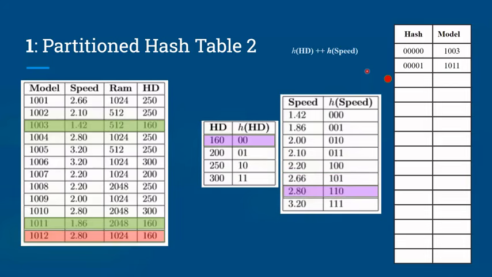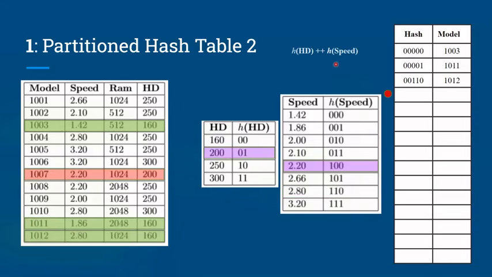No, but at some point we reach one that we have already in our SQL table, and it is 2.8. So we calculate the hash for this one, 00110, 00 for the hash of the HD, and 110 for the hash of the speed. We can concatenate those together, and we put it right there. And then aside would be the model equal to 1012. Great. One step forward.